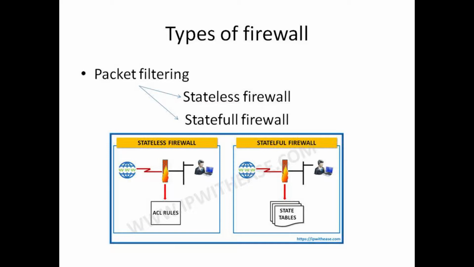Say HTTP traffic is coming, but not on port 80, it is coming on a different port, which seems suspicious. Based on that, it will trigger an alert and/or block the connection. With a stateful firewall, we can also identify wildfire attacks. Wildfire attacks are zero-day attacks, which are new types of attacks, not pre-existing attacks.